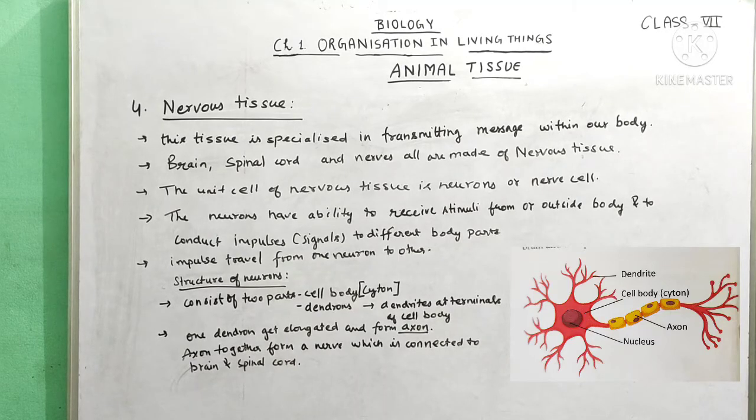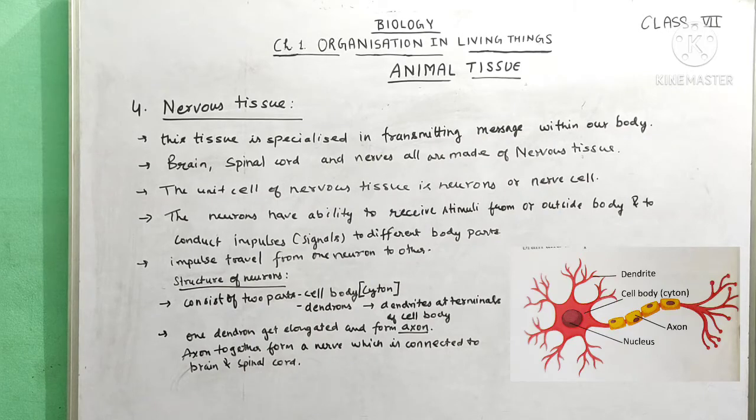Stimuli is what? When we touch a hot iron, we pull our hand back. It is because of stimuli and the impulse that reaches our brain. Okay, impulse travels from one neuron to the other. Talking about the structure of neuron, the neuron consists of two parts, cell body and the dendron.